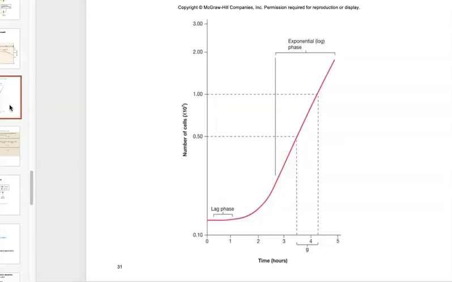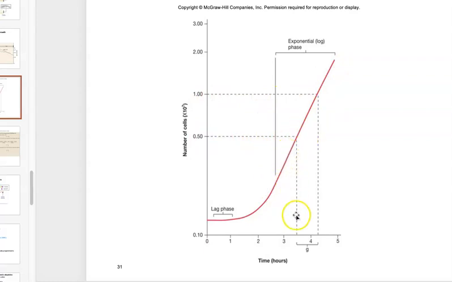Another way to look at this is the number of cells per time, and again, we see the clear lag phase and then obviously the exponential phase. Using this approach, we can look directly from the y-axis for where the population of cells doubles, and then extrapolate to our line of best fit in exponential phase.